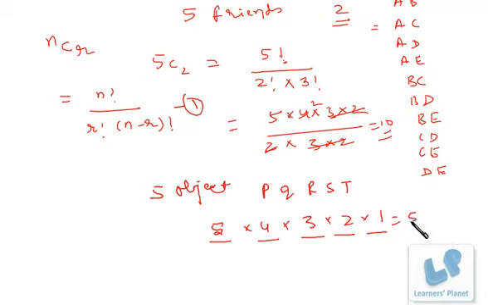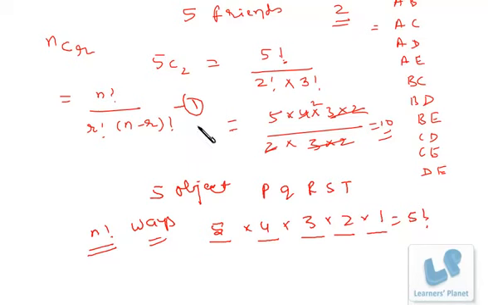So this is 5 factorial, that we have already done in our previous session, the principle of counting we were using. So 5 objects can be arranged in 5 factorial ways at 5 places. That means n objects can be arranged at n places in n factorial ways, right?